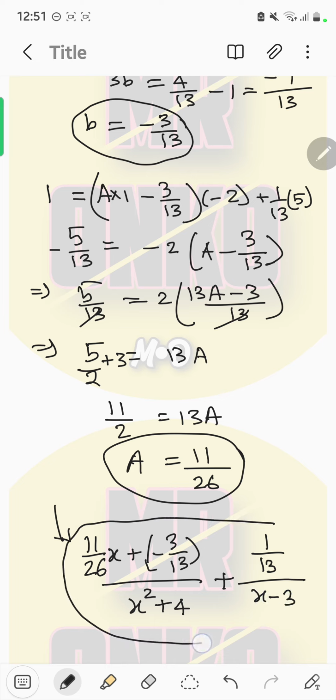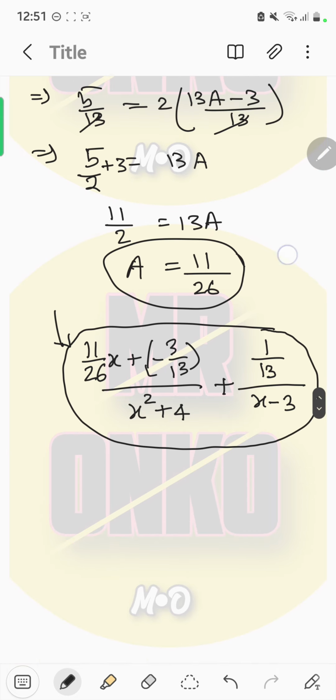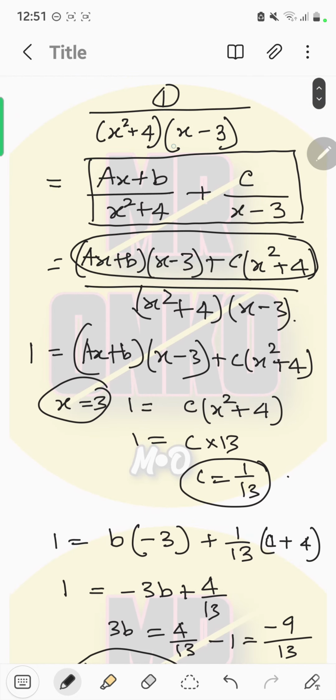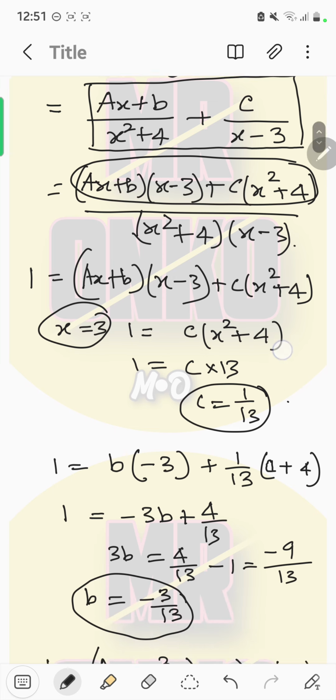So this is the required partial fraction pattern for the given question, 1 by (x squared plus 4) into (x minus 3). Thus it can be solved.